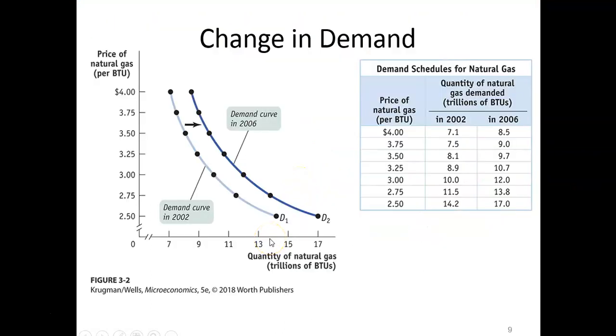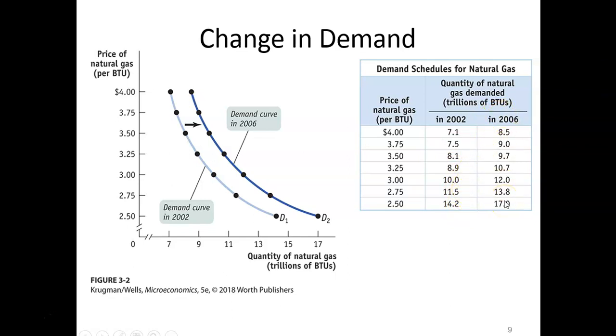Here's a more tangible example than this generalized thing. Notice there are two different time frames that the author is graphing, first the table and then the graph of the demand schedule. So price per BTU, what quantity do people want to buy in 2002? And then the same information in 2006.